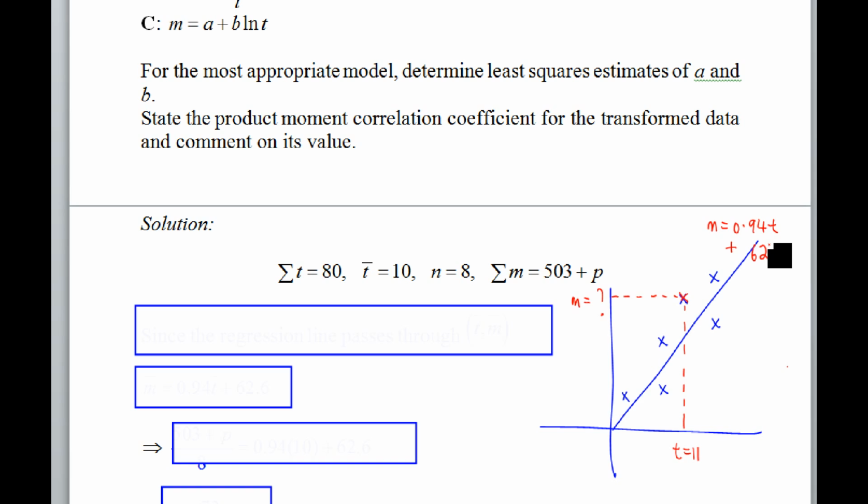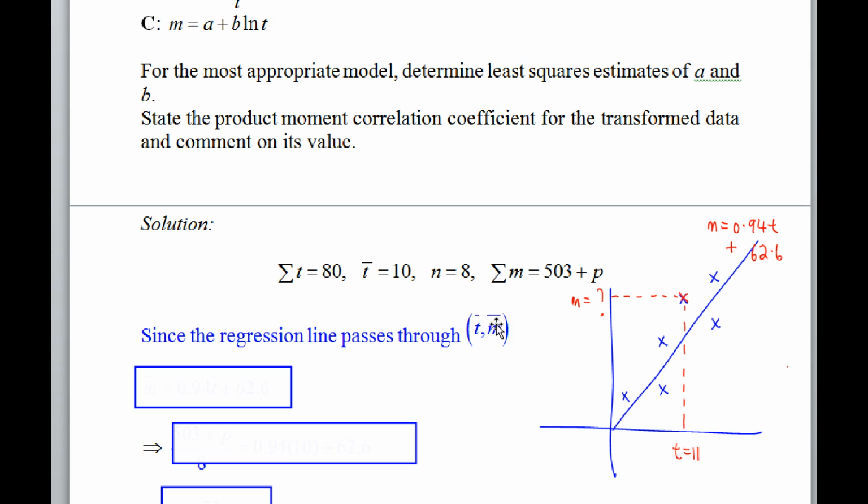Then how? Good question. You must make use of the fact that the regression line passes through T bar, M bar. That is a fact.